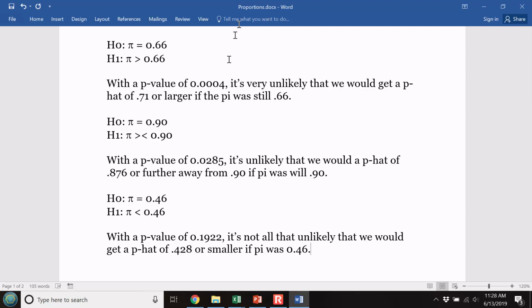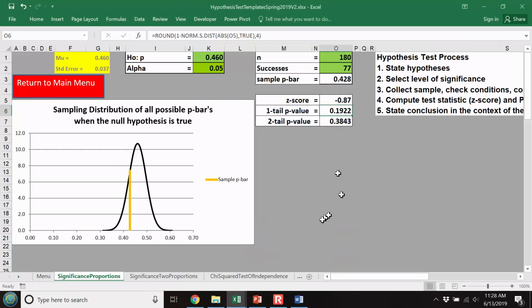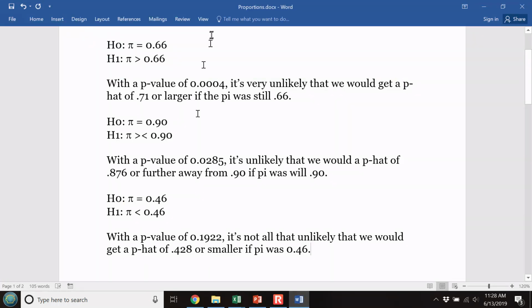Now, I haven't stated a formal conclusion yet for any of these, but I wanted you to walk through that process and see how this works. We're going to come back in the next video and talk about where did this come from and how do I use that to go over here and finish my conclusions, and what are the risks I'm taking when I do that.